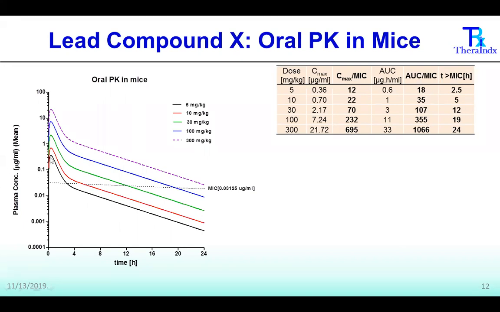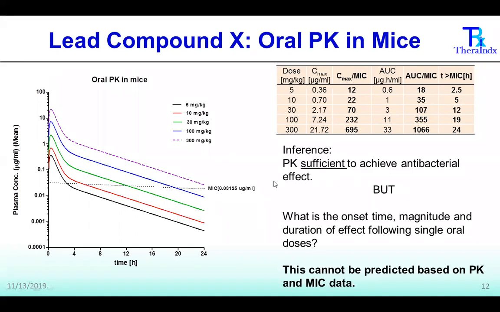And if you look at the graphs here, the time for which the concentrations exceed MIC range from 2.5 hours to almost 24 hours at the highest dose. The inference from this data is that PK appears to be sufficient to achieve antibacterial effect. But what is the onset time, the magnitude, and duration of effect following single oral doses? This is not intuitive from this data.